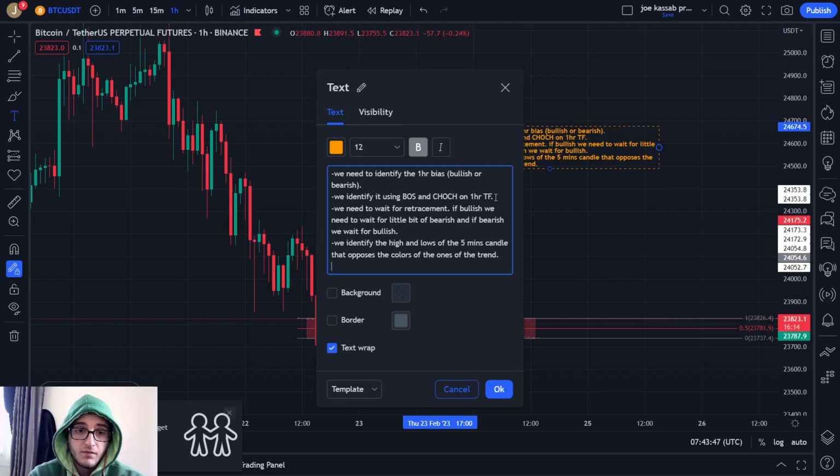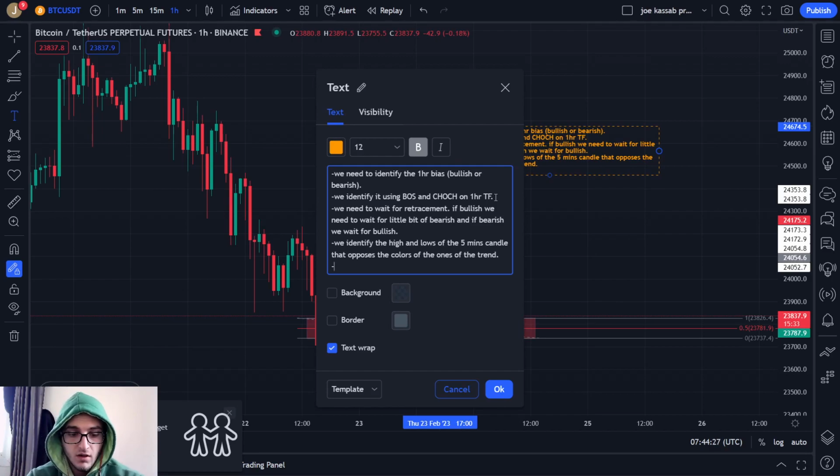Okay, so if we are in a bearish bias on the 1 hour, we wait for retracement, then we wait for price to start repushing lower. We wait for a candle that opposes the color of, for example, if bearish, we wait for a green candle. Then we mark the highs and the lows of this candle.